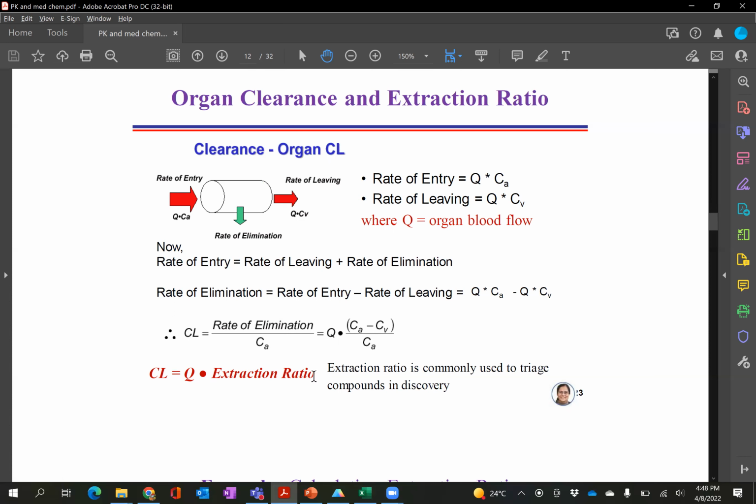So you can think about the maximum. For example, in mouse, the liver blood flow is, I think, 90 mL per minute per kilogram. That means when you measure the clearance CL, it cannot be larger than that value, otherwise it'll be wrong, right? That's the maximum value you can get.